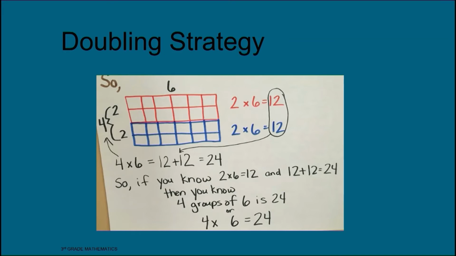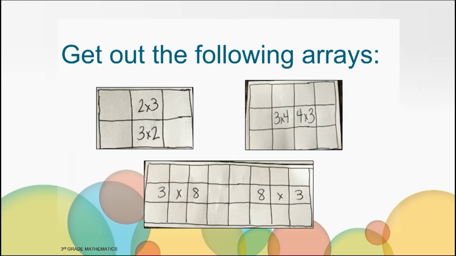What are other arrays you can use to help you solve using this doubling strategy? Now I'm going to ask you to get out some other arrays. The 2 by 3, the 3 by 2, the 3 times 4, the 4 by 3, the 3 by 8, and the 8 by 3.